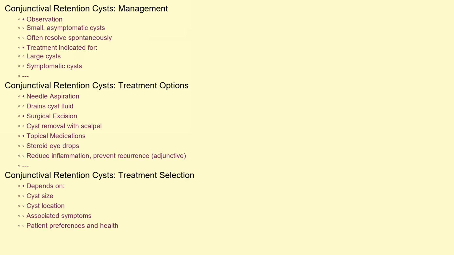These include a simple needle aspiration, where the fluid is drained from the cyst using a fine needle, and surgical excision, where the cyst is carefully removed with a scalpel. Topical medications, such as steroid eye drops, may be prescribed to reduce inflammation and prevent recurrence, although they are not the primary treatment. The choice of treatment depends on the size, location, and symptoms associated with the cyst, as well as the patient's overall health and preferences.